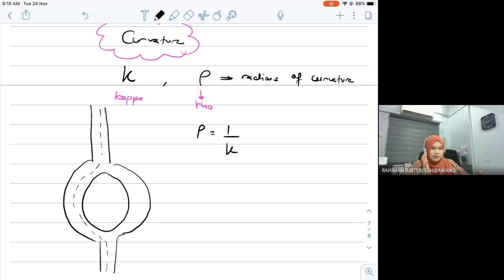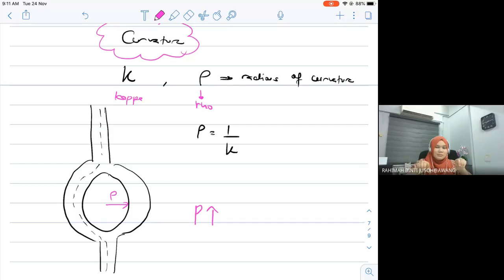When you want to turn the roundabout, guys, let's say the roundabout is very big, which means that the radius here is very big. Rho is very big. When you are cycling on the very big roundabout, how you turn the bicycle handle?